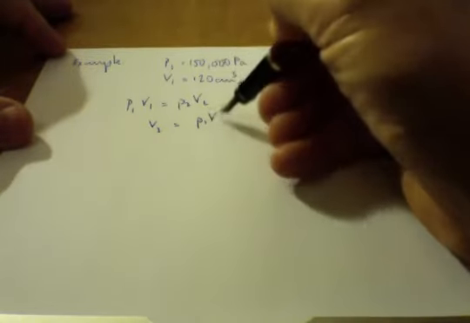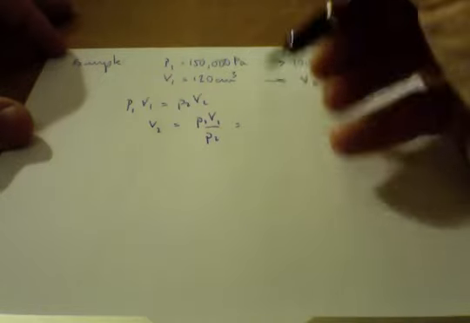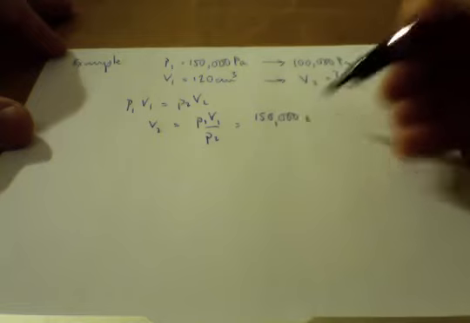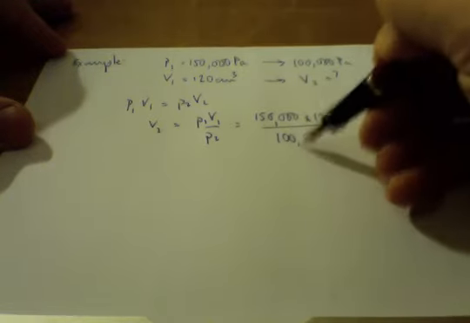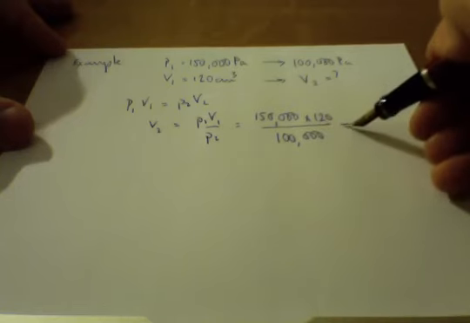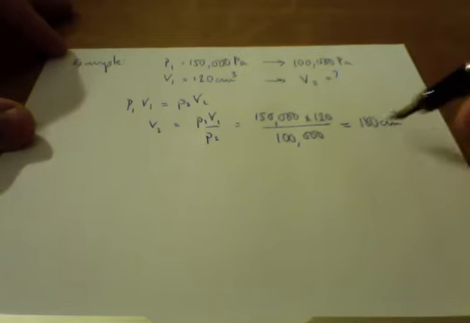P1 V1 is the same as P2 V2. V2 is P1 V1 over P2, which gives us, okay, let's substitute, 150,000 multiplied by 120 divided by 100,000, gives us a volume of 180 centimeters cubed.